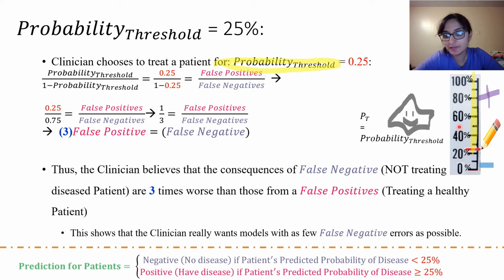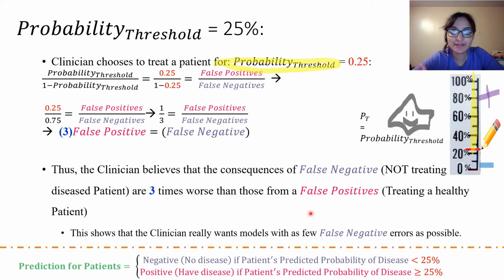If the threshold is 50%, like it is for many prediction models, then false negatives are the same as false positives. That's what typically prediction models do: they assign 50% and up to positive, below 50% to negative, because false negatives and false positives are typically assumed to be equal.